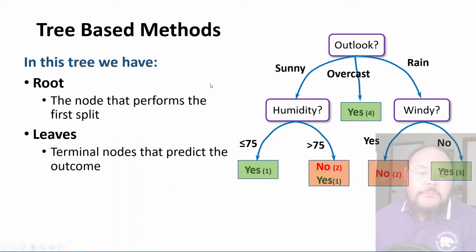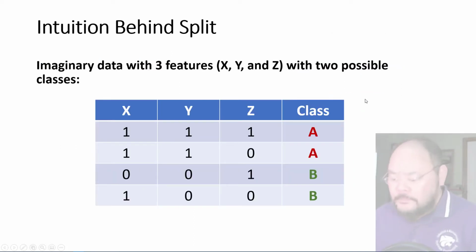The intuition behind the split is this: imagine hypothetical data. I have three features, X, Y, and Z, with two possible classes, either class A or class B, representing the outcome. So I ask, which one of these features gives me the perfect separation?